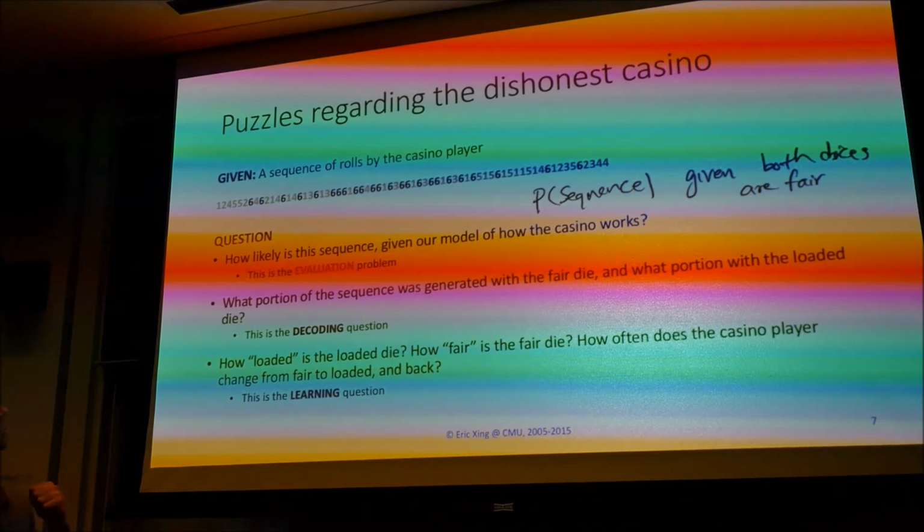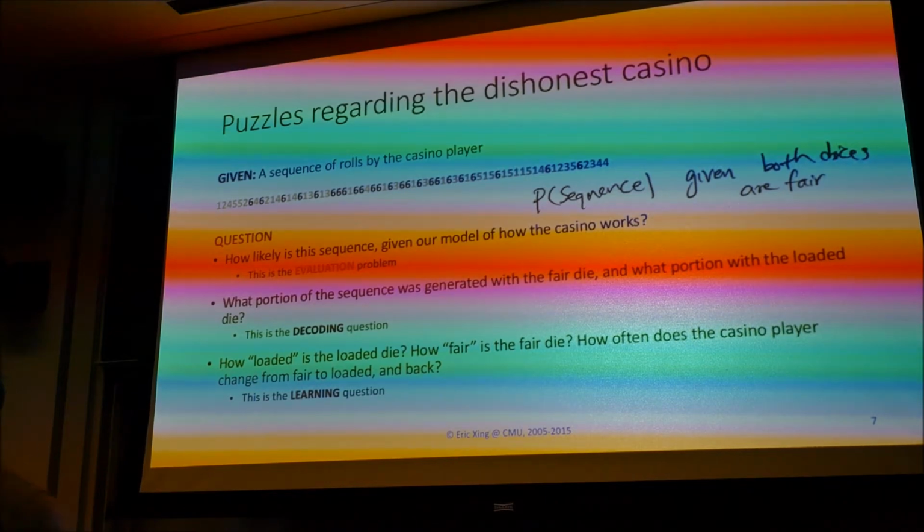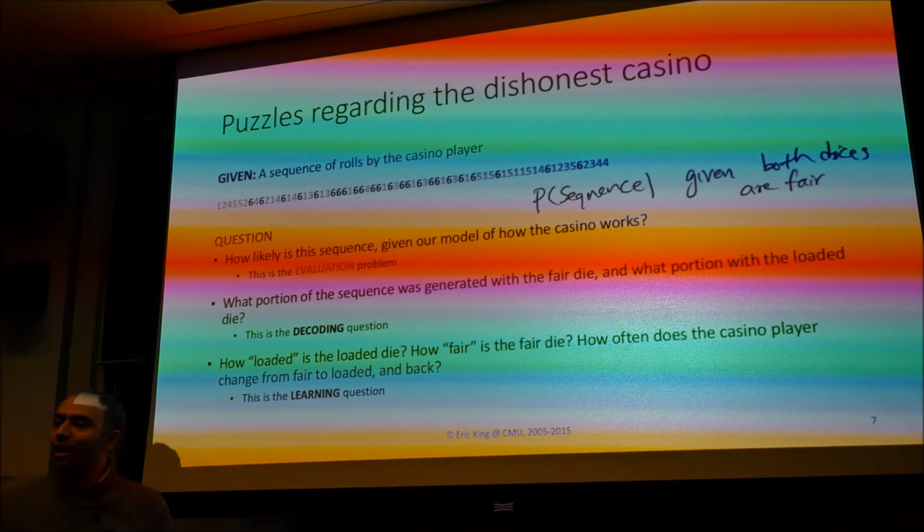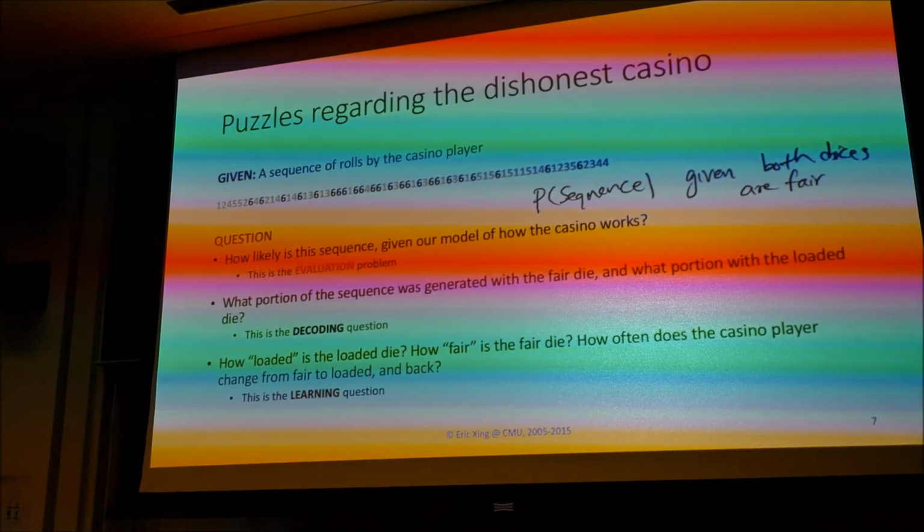That's the problem of evaluation. Now let's say that you did this, and then you realize that, oh, this is too far on the tail of two dice being fair. Now you want to ask the question: how many times is this guy using the unfair dice? Is this a strategy? Sometimes he can use fair dice, sometimes unfair dice. What is the proportion?